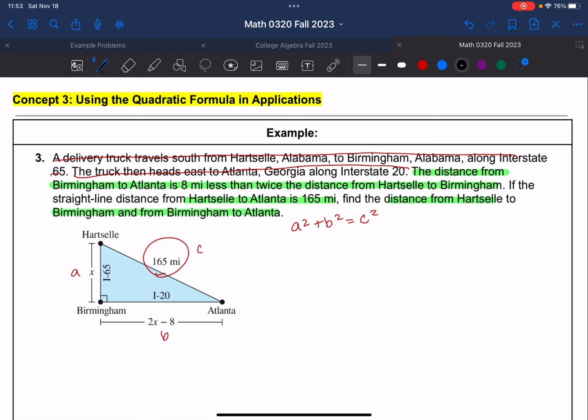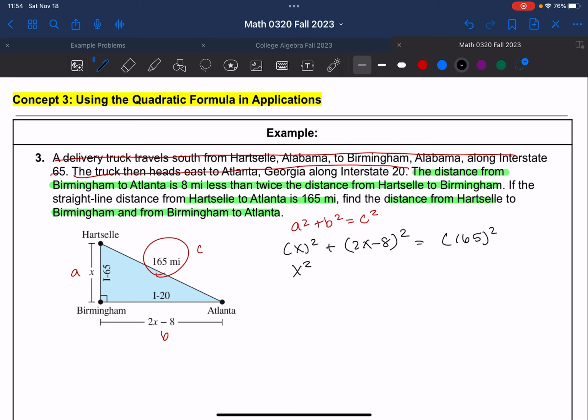Now let's plug everything in. a is x, so x squared plus b, which is 2x minus 8 squared, is equal to c, which is 165 squared. So x squared, that's just x squared.